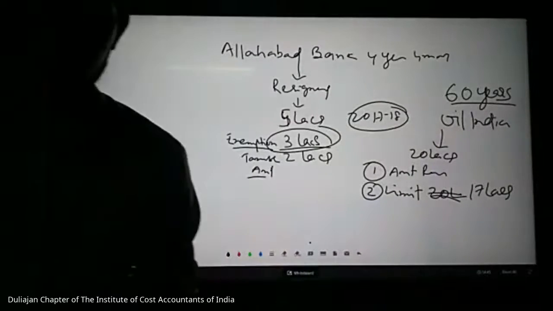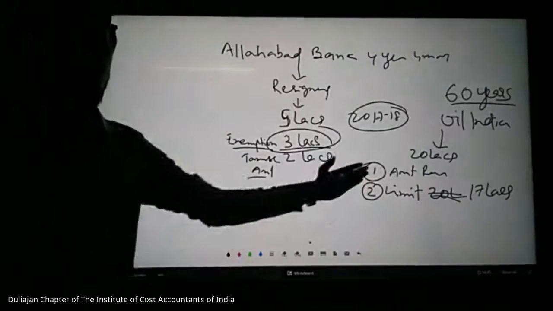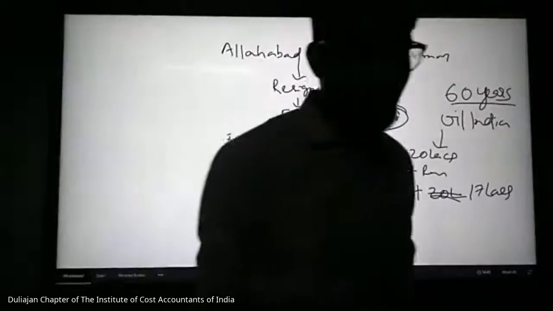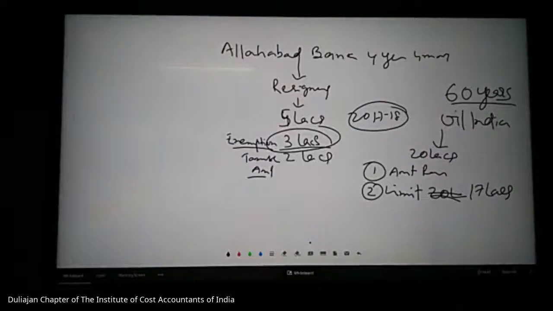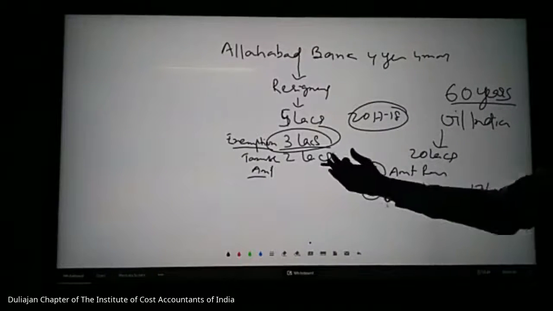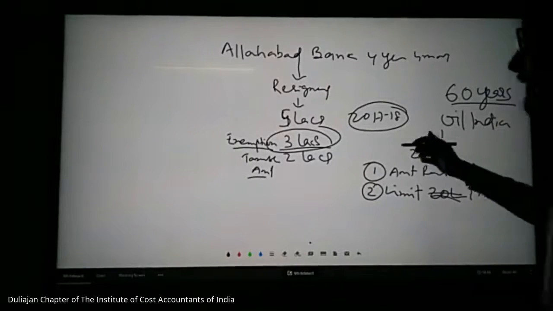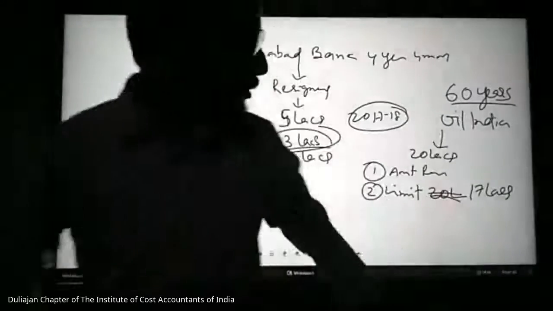See, if you are working in multiple companies during the tenure of your service, and you have earlier availed exemption, then that exemption gets reduced from the 20 lakhs limit. The overall limit of exemption is rupees 20 lakhs in point number 2.